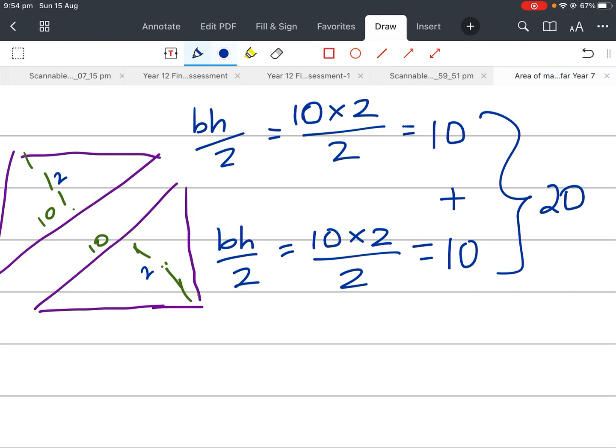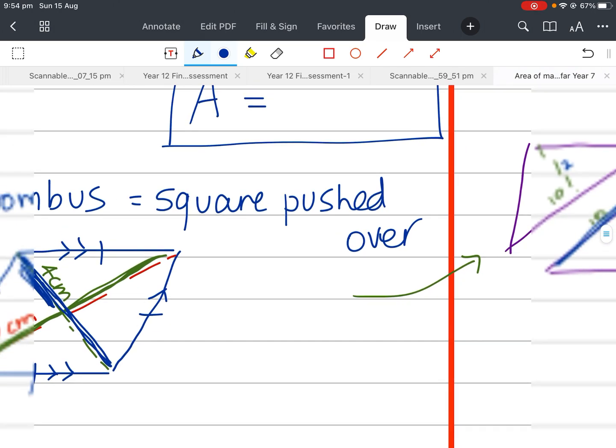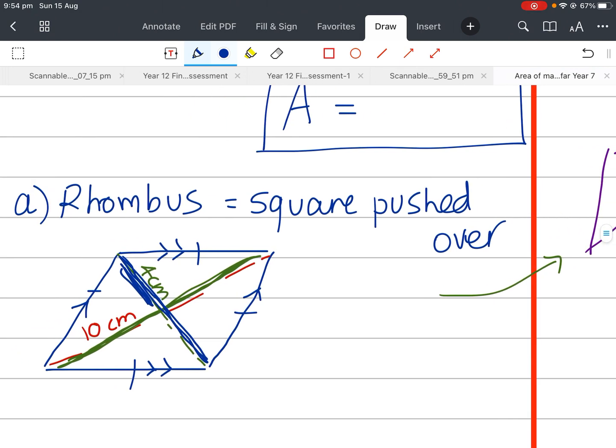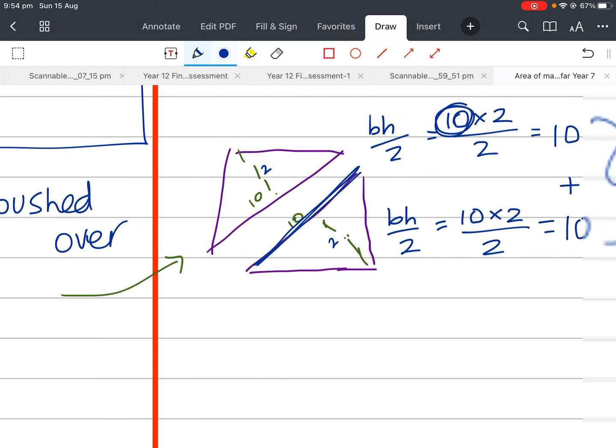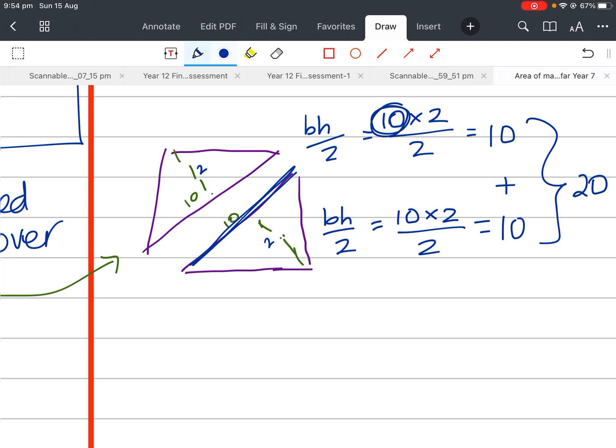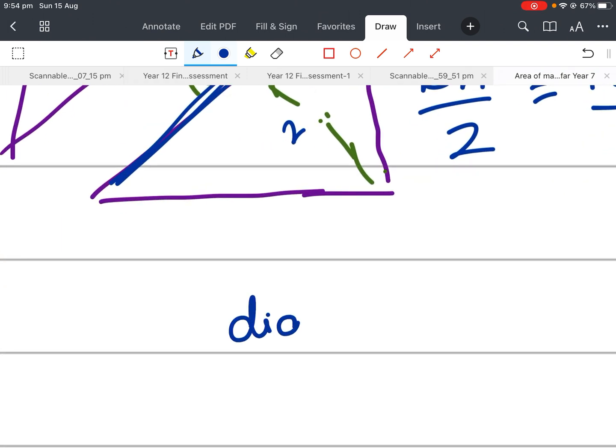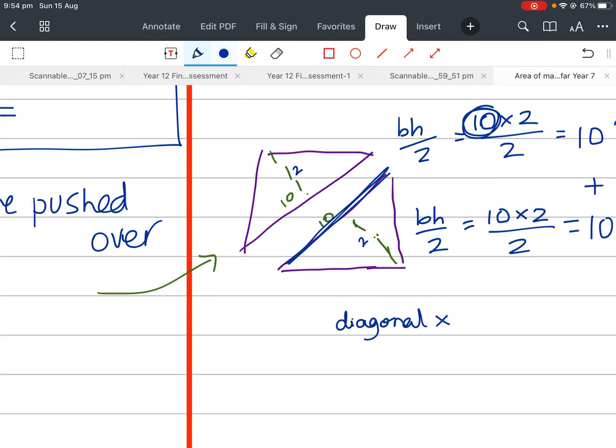But what I want to show you is what have we actually done in our working. So you'll notice we use the 10, yes? Right, now in a rhombus, the 10, if it goes from one corner to the other, do you know what that's called? Hopefully you said it's a diagonal. So we've actually done one diagonal, okay, and we've multiplied it, if I put these together, by the other diagonal.